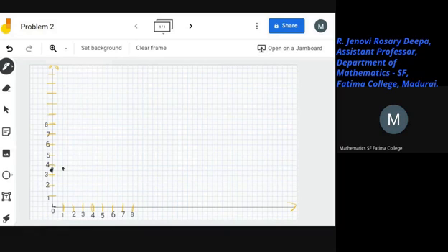The next point is 2, comma 12 by 3. 2, comma 12 by 3 is nothing but the point 2, comma 4. So you have to mark the point 2, comma 4, somewhere here.